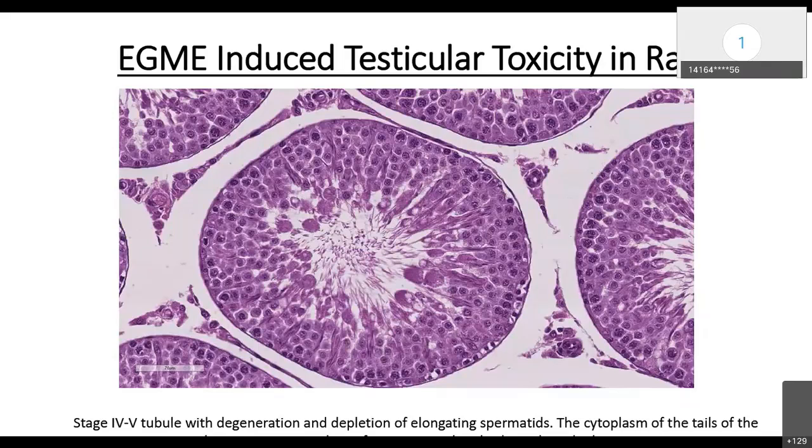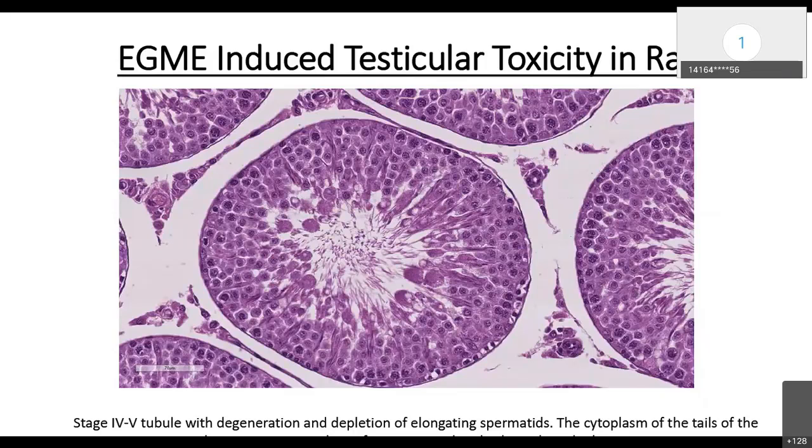And when pathologists review, even for pathologists it becomes difficult to identify any changes that occur in the testis, especially the spermatogenesis aspect of it. There are 14 stages of spermatogenesis in rat, and there are certain drugs which affect various stages of spermatogenesis.